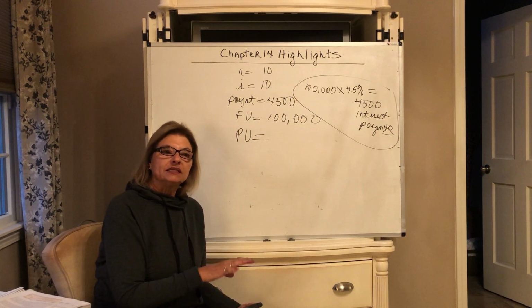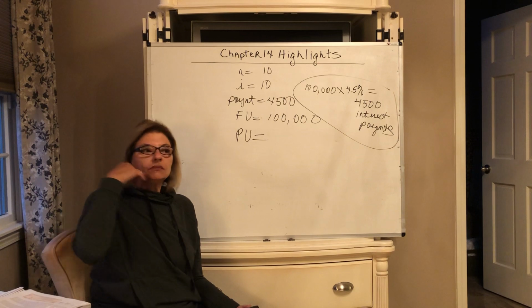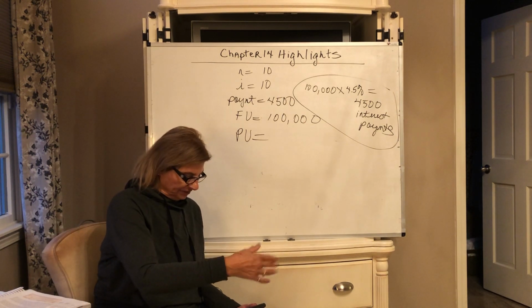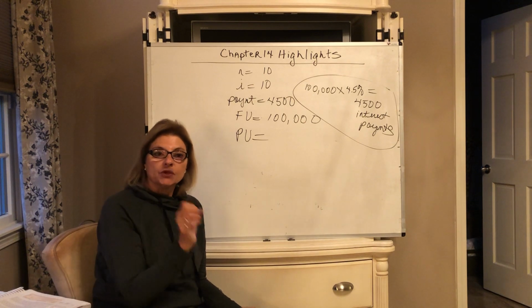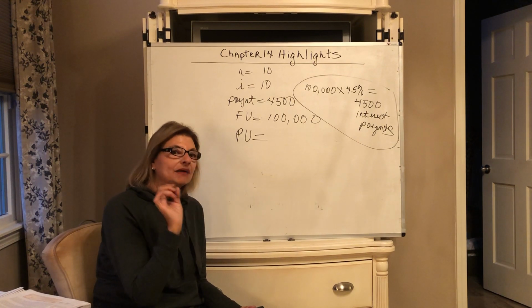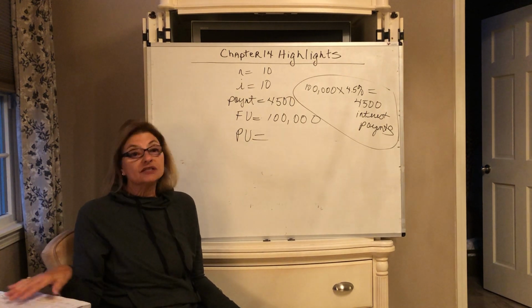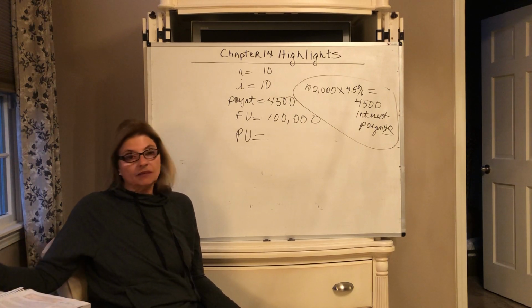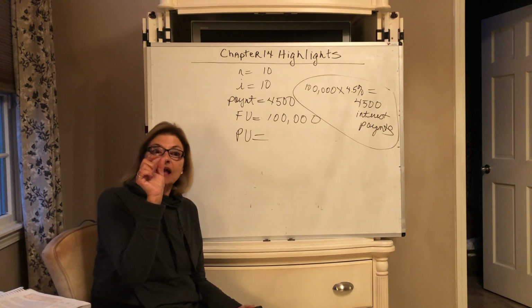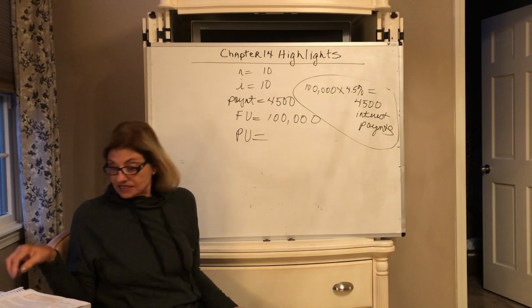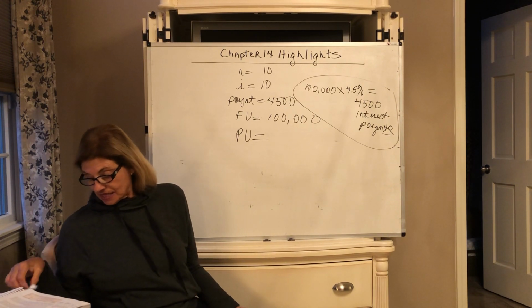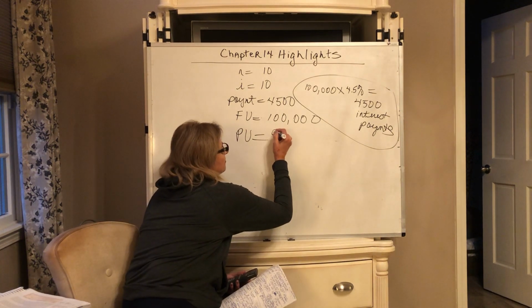What the calculator does is have decimal points all the way to infinity, so it's going to give you the exact amount that it sells for. This does rounding because the numbers in the back of the book only have 4 places, okay? So the present value is 96,149.